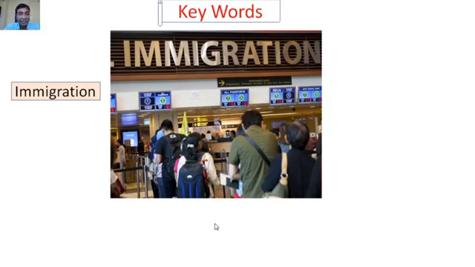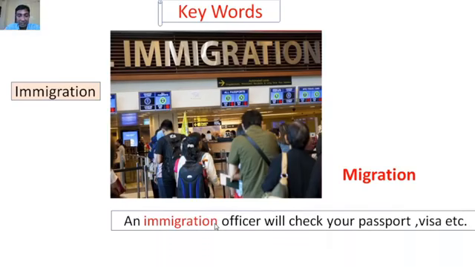In other words, we can say immigration means migration, because it also means moving from one country to another, one place to another. So we can write a sentence using immigration. An immigration officer will check your passport, visa, etc. I hope you all have finished writing the words along with the sentences.